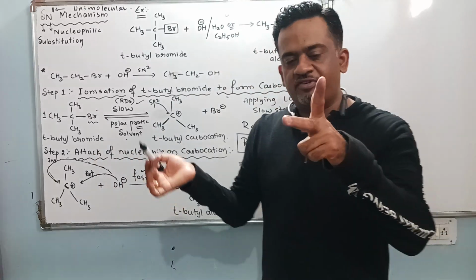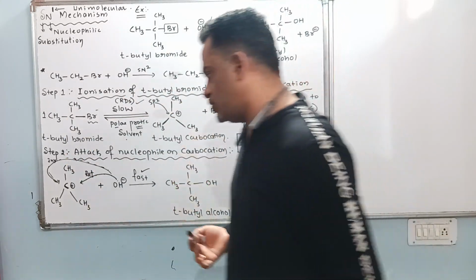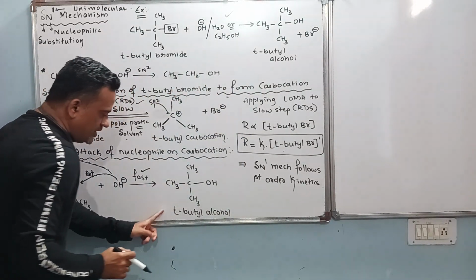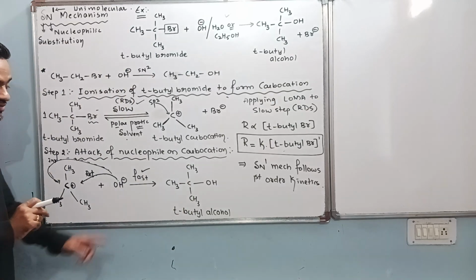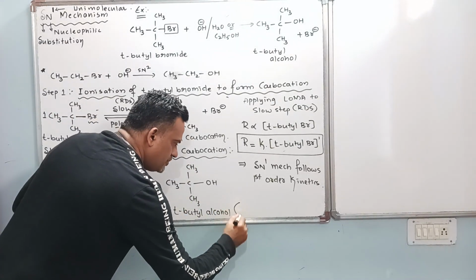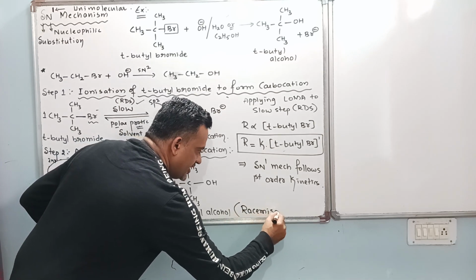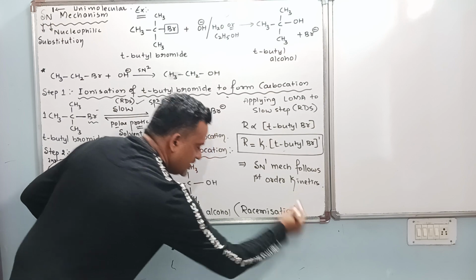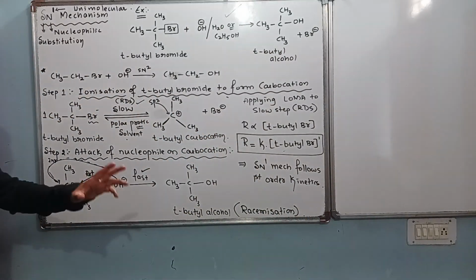So OH minus can attack 50% from the front and 50% from the back side. So in this tertiary butyl alcohol, 50% front side attack and 50% back side attack, you are going to get a racemic mixture. This is called racemization. Racemization is a mixture of two enantiomers in equal amounts.